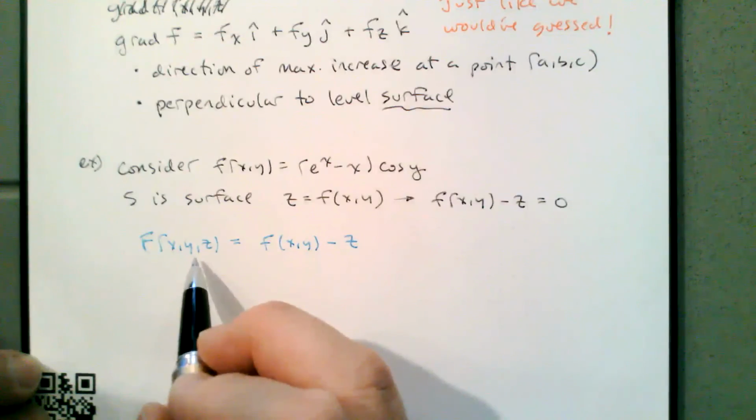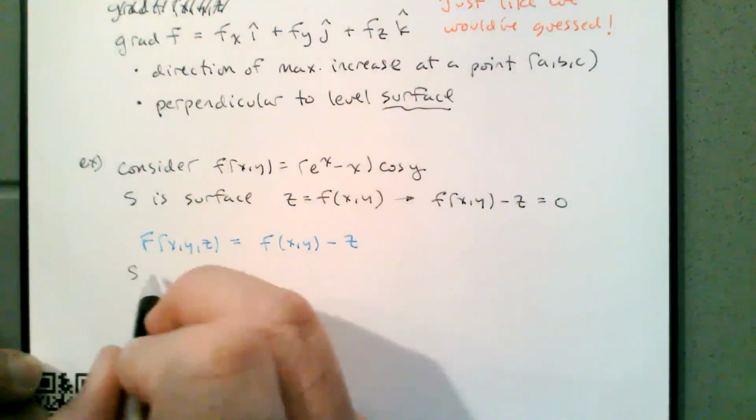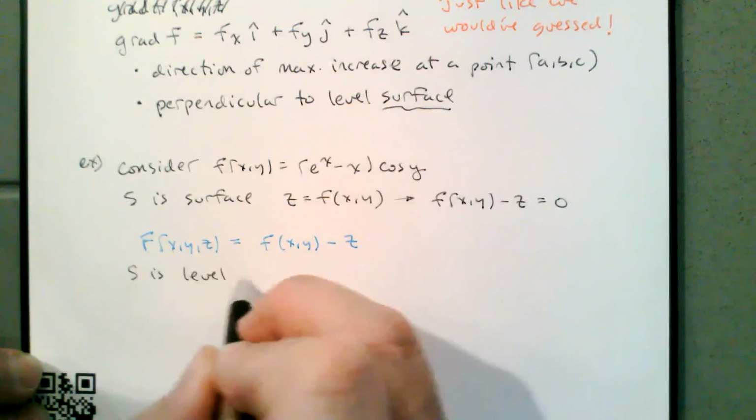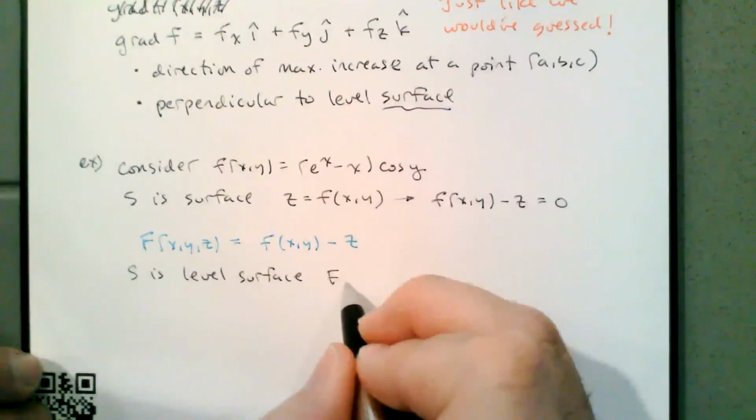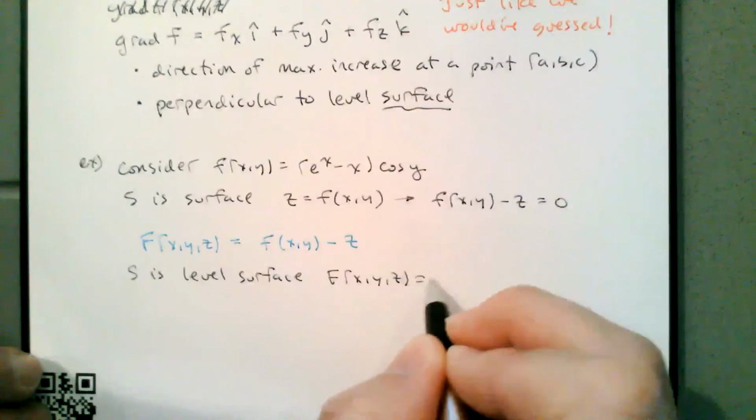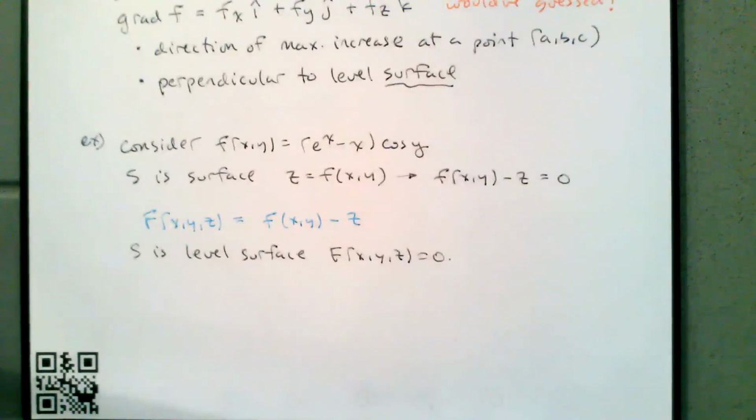So if I build this function, S is the level surface, then we can build a gradient in space. And then we can make our calculations about the other given vector.